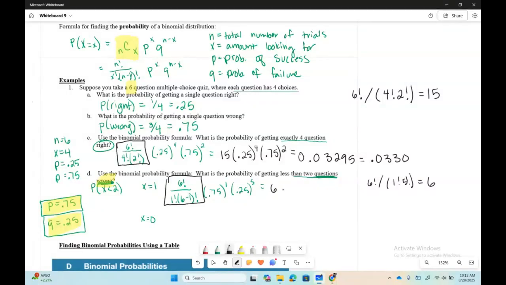Now this becomes 6 times 0.75. If your exponent is 1, we don't actually need to type that in, that's just the first power. And then 0.25 to the fifth.